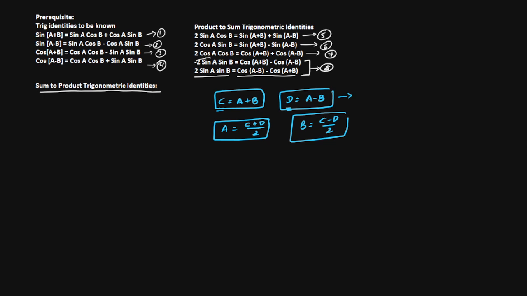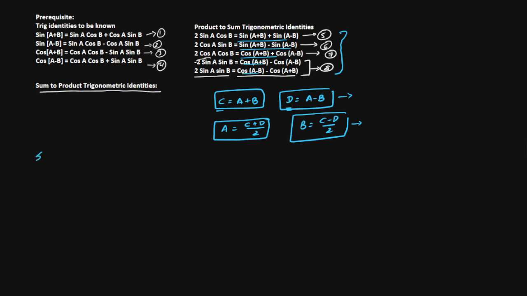So let's remember this set of relationships between A, B, C, and D, and let's put them into equations 5 to 8. Let's take up the right hand side portion of these identities and write them first.